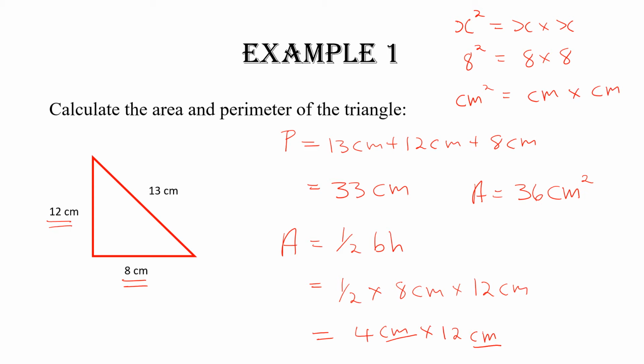So that is what we had here. Cm multiplied by cm gave us cm squared. So as I said earlier, whenever we find the area of any shape, the units will usually be squared because a multiplication of some sort from one unit to another is taking place. And that is why the units are squared.